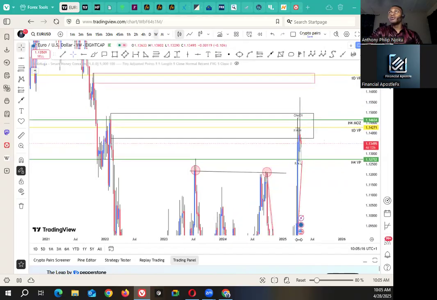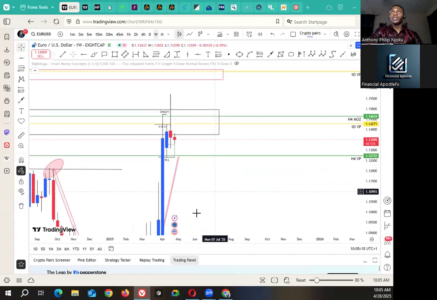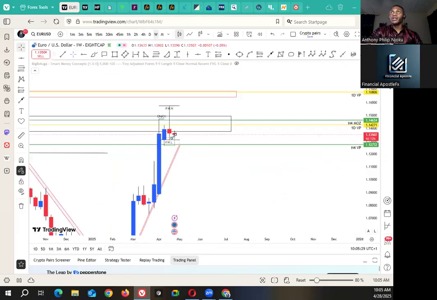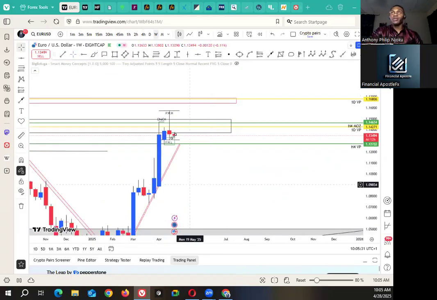How we update the chart is, first of all, we update the weekly chart. We take the previous week low, we place it over here, and then we take the previous week high, we place it over here. This is the weekly candle, weekly time frame. We have 4 weeks in a month. So this was the first week of April. It was a bullish week. Second week of April, slightly bullish, didn't break the first week.